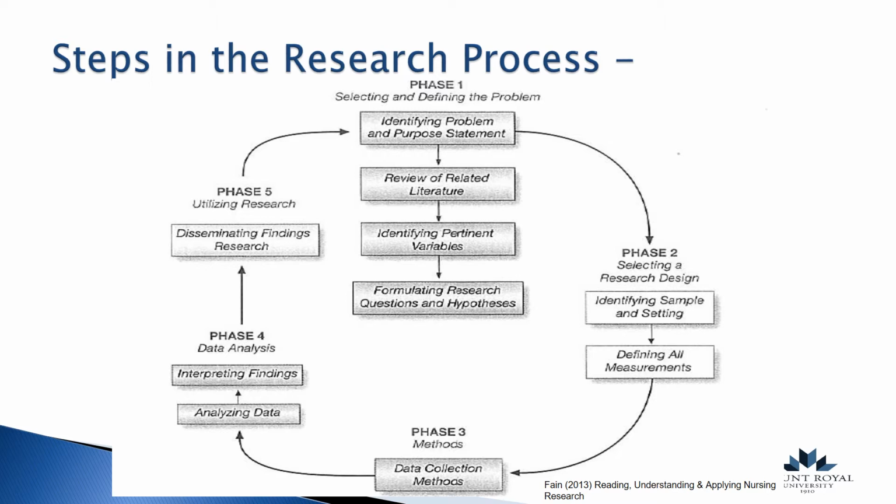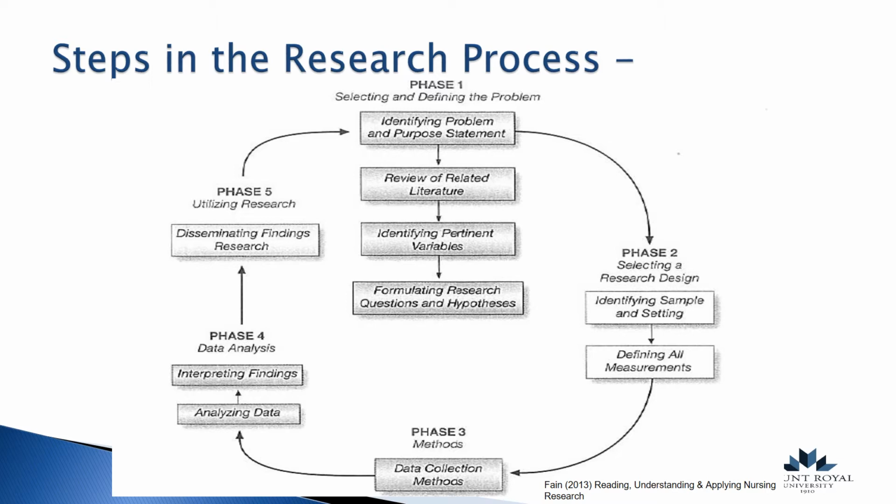We have to tease those out right from the beginning. And then from there, we would formulate our research question and hypotheses. Not every study states a hypothesis, but some do, and it's helpful because it's the researcher's best guess as to the outcome of the study.